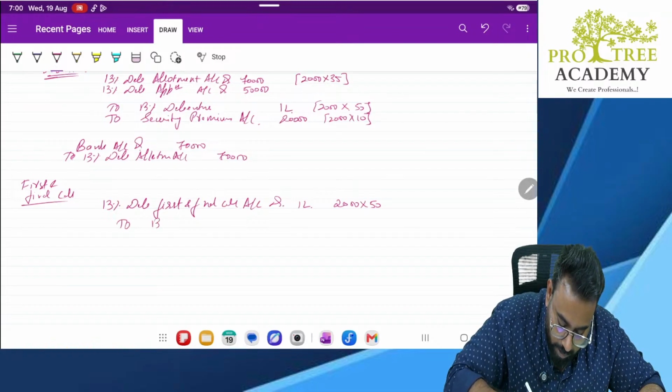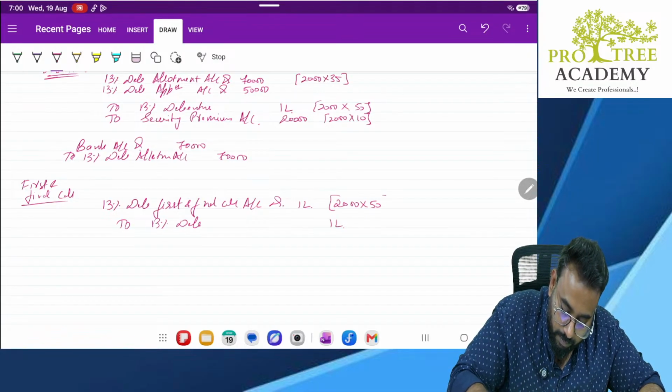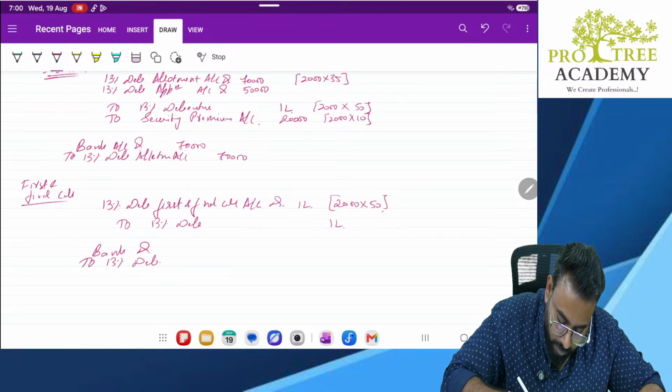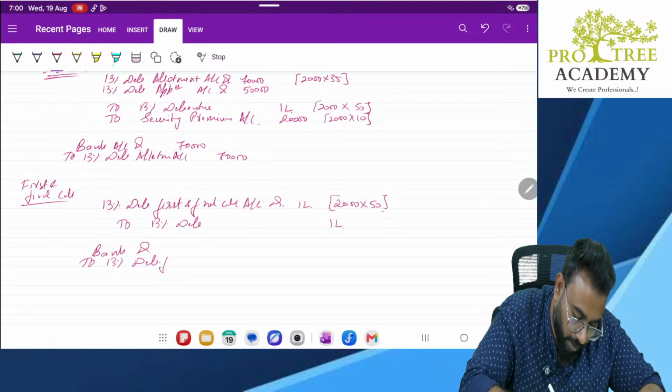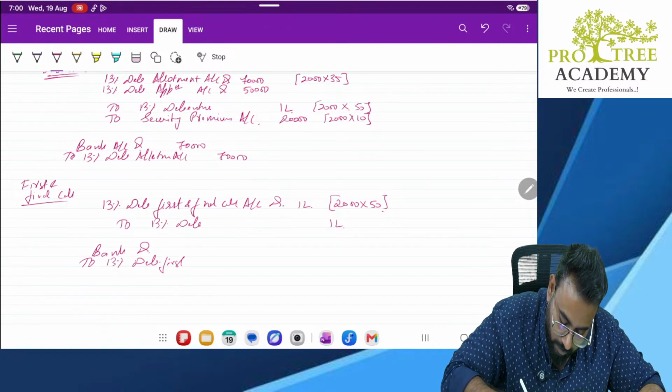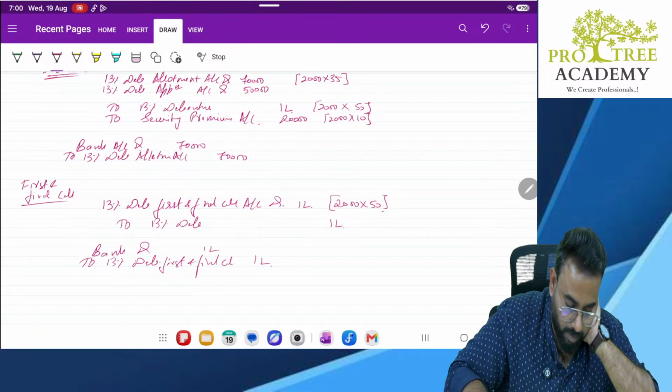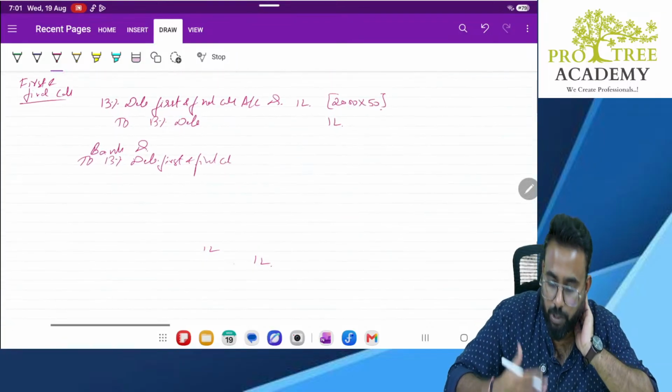To 13% debentures, 1 lakh. Next, when we receive the money, bank account debit to first and final call. 1 lakh, 1 lakh. Clear? Cash account, cash book you can prepare.